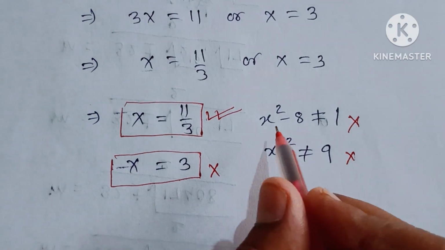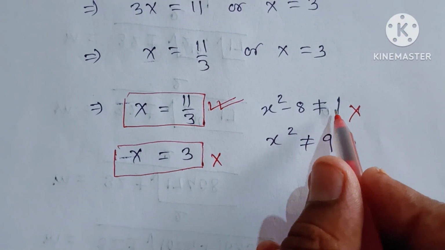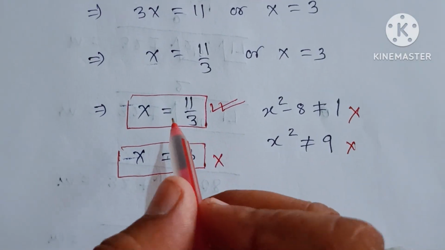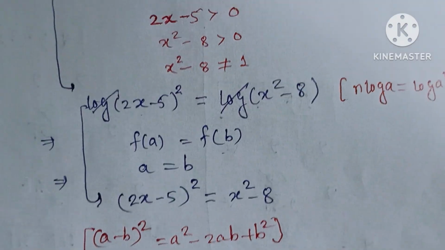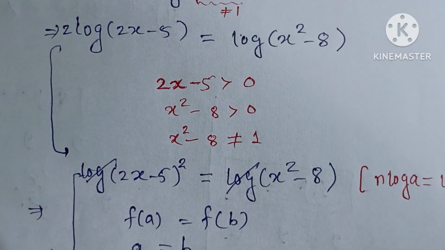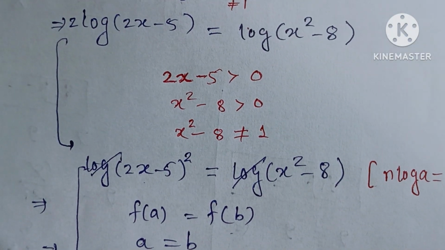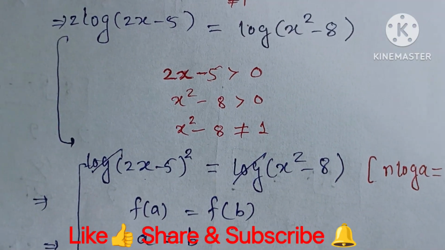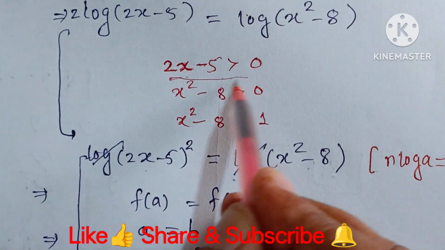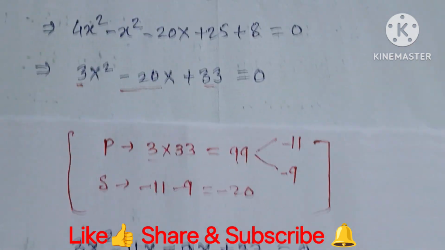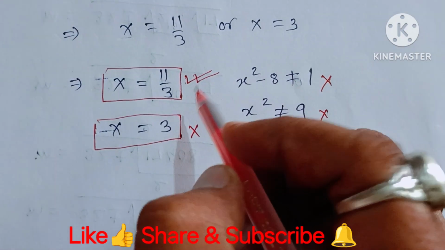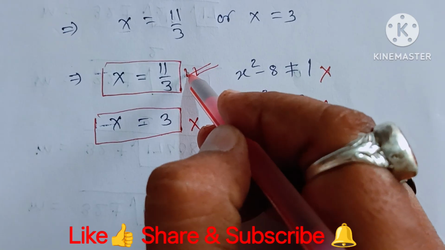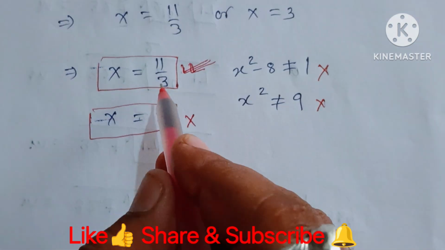It satisfies the condition x square minus 8 is not equal to 1, and 2x minus 5 is greater than 0 and x square minus 8 is also greater than 0. These conditions are satisfied, so the correct value of x is 11 by 3.